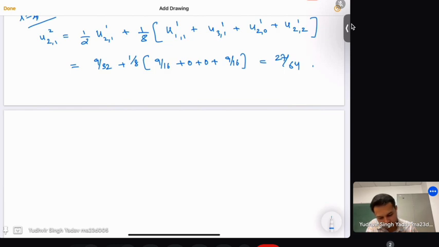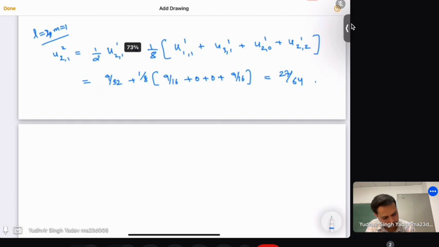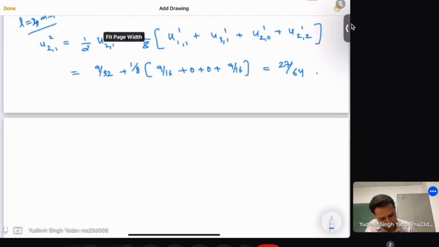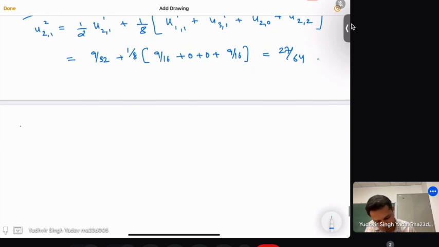And in a similar way, we will take l equals 1 and m equals 2.